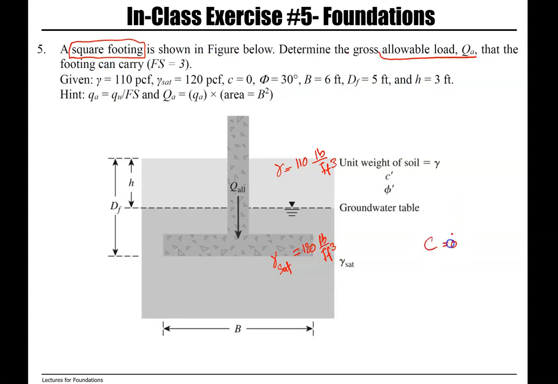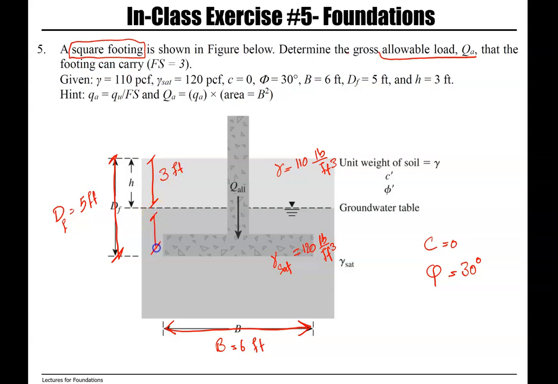Cohesion is 0, there is no clay. Friction angle 30 degrees. Width of footing 6 feet. Total depth of footing 5 feet. H, which is from the top of soil to the groundwater table, 3 feet.